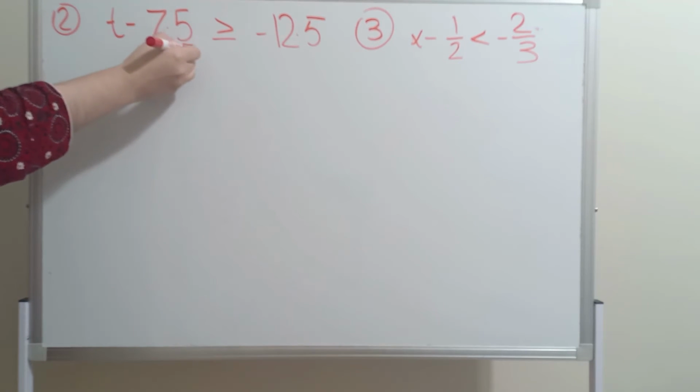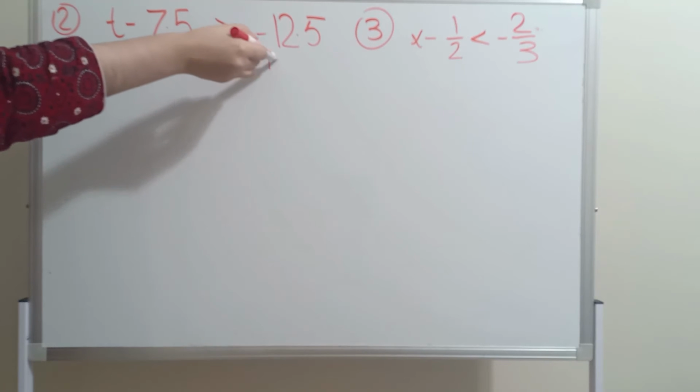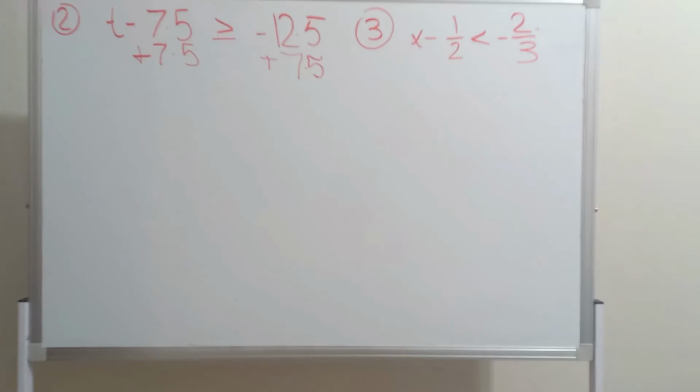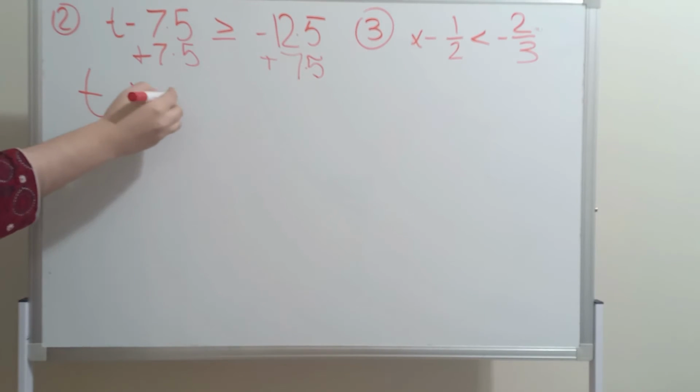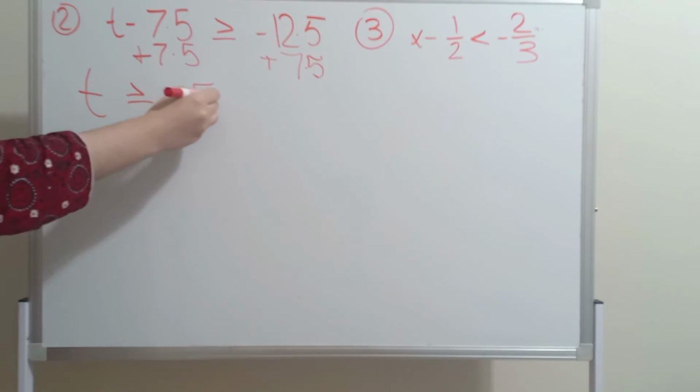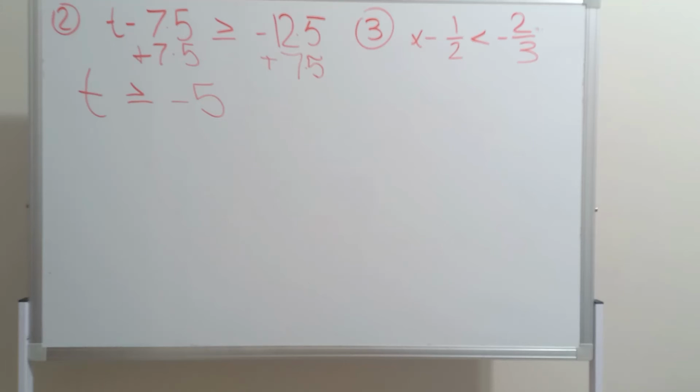So plus 7.5 and plus 7.5. Now what we have left is t is greater than or equal to, and negative 12.5 plus 7.5 is going to give us negative 5.